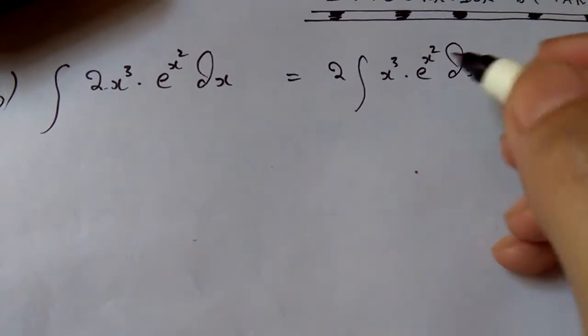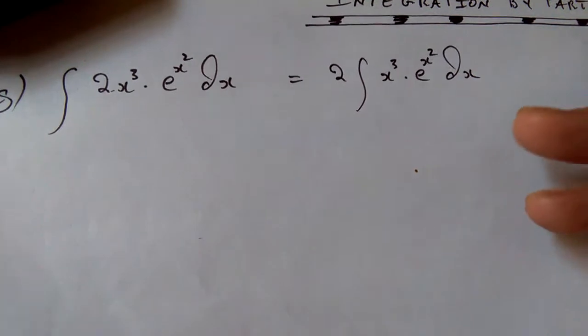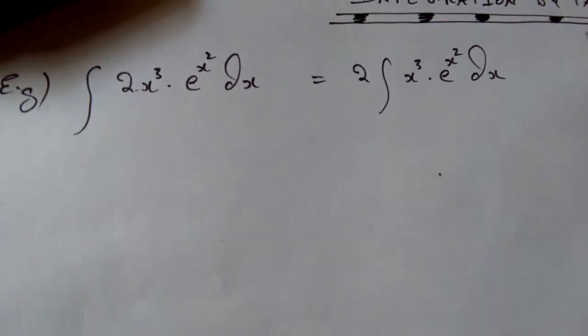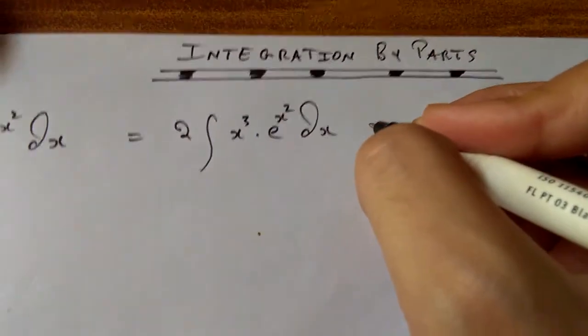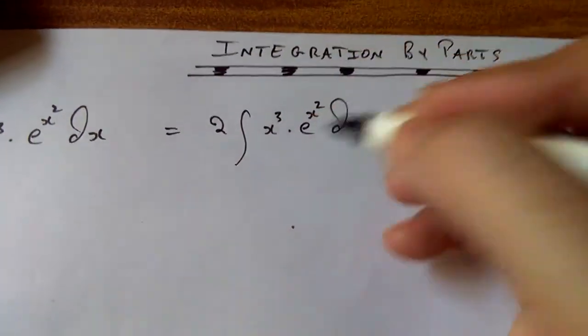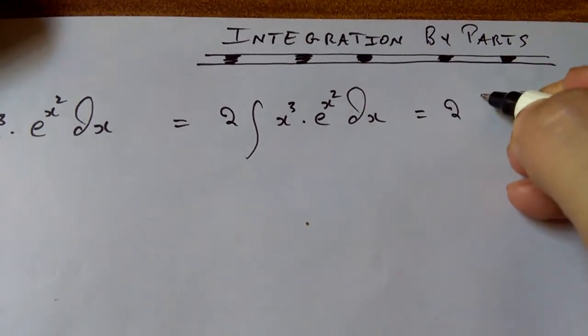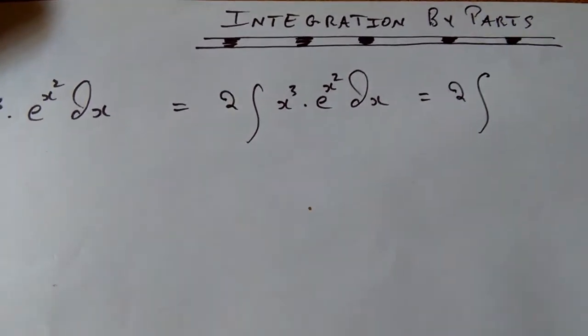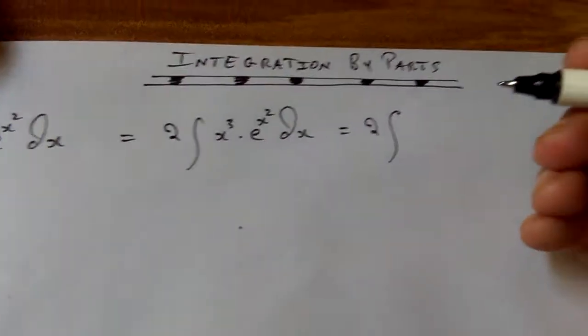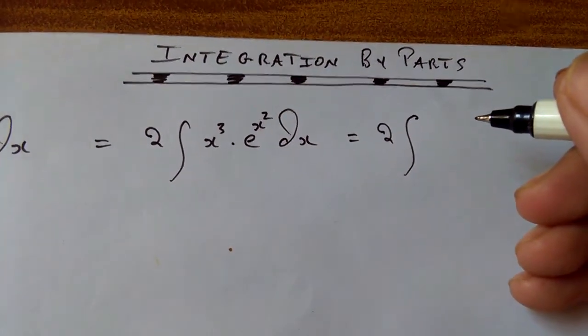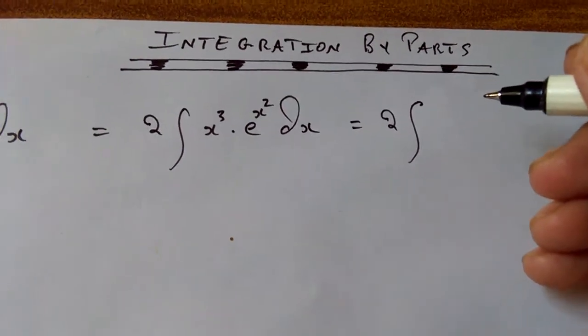So how about if I simplify this integrand with the help of substitution? First of all, let's give a shape to it. I can handle this integrand directly as well, but if I simplify this integrand before performing by parts with the substitution method, it will be much better and easier for us to understand.